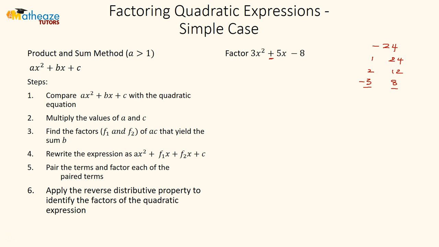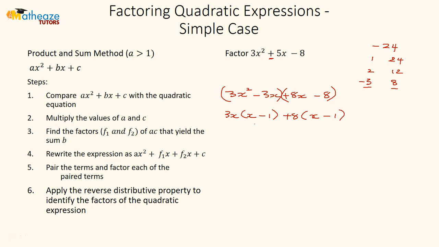So now we are going to rewrite this as 3x squared minus 3x plus 8x minus 8. And so we're going to group them and factor. So 3x squared and minus 3x, the common factor there would be 3x. We have x minus 1, and then we have 8x and 8, so plus 8 times x minus 1.